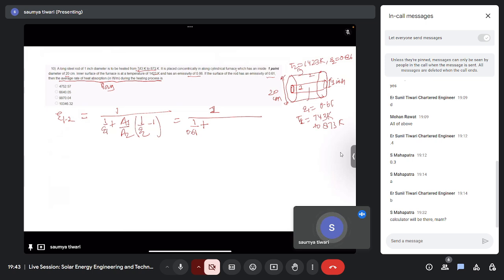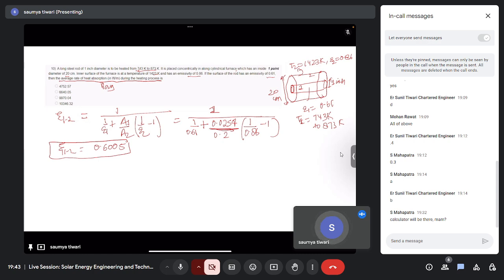A1 is 1 inch, which is 0.0254 in meter, and A2 is 20 centimeter, so it will be 0.2 in meter, into 1 by epsilon 2, which is 0.86, minus 1. If we solve this, the view factor value that I have got is 0.6005.